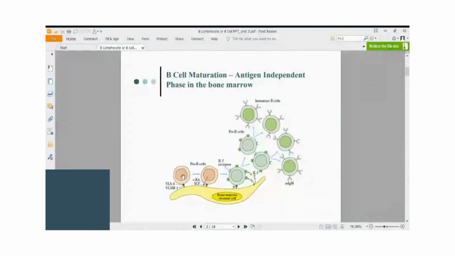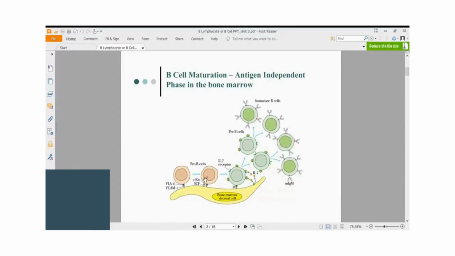That signal transduction will result in expression of another gene called the c-KIT gene. The c-KIT gene is the major cytokine gene family. A large number of cytokine receptors and cytokines are produced under this family of genes. So the c-KIT gene expresses on the pro-B cell.